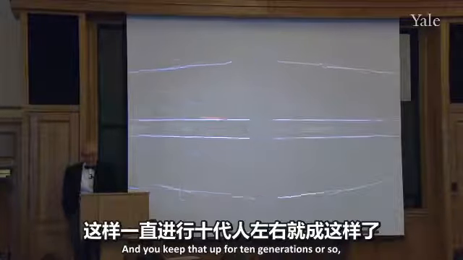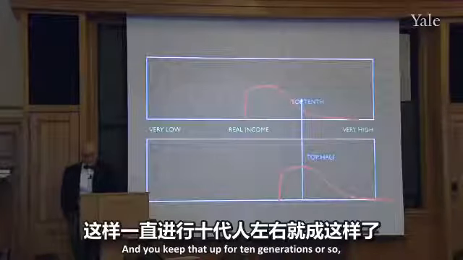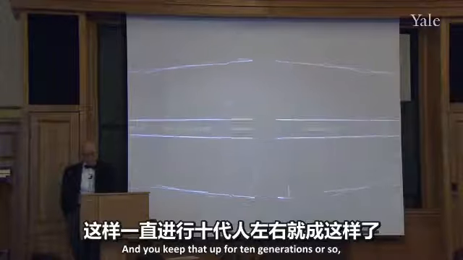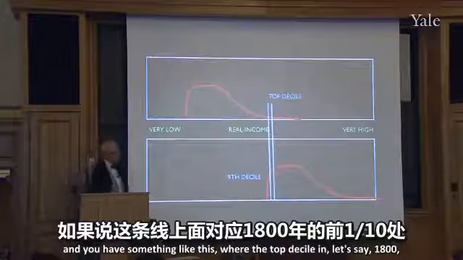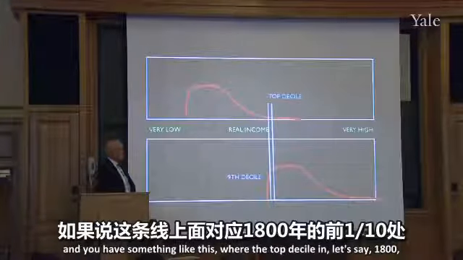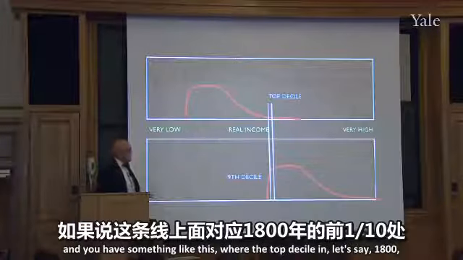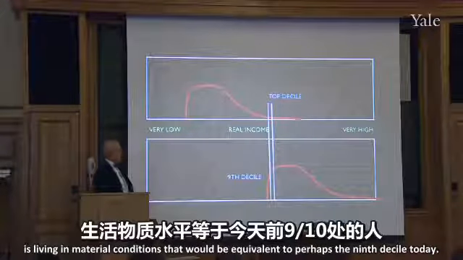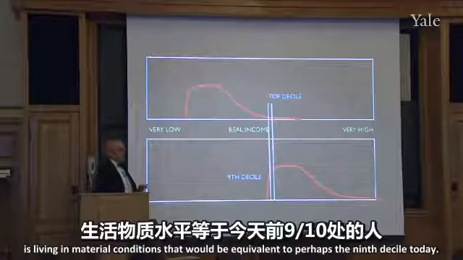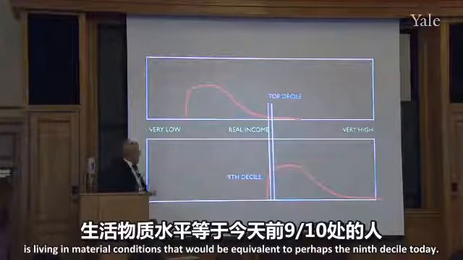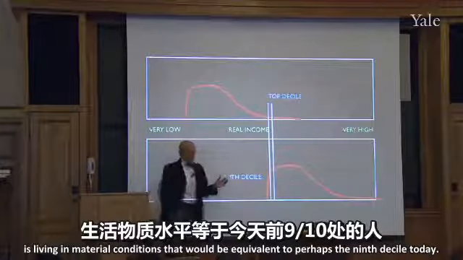And you keep that up for 10 generations or so, and you have something like this, where the top decile in, let's say, 1800, is living in material conditions that would be equivalent to perhaps the 9th decile today.